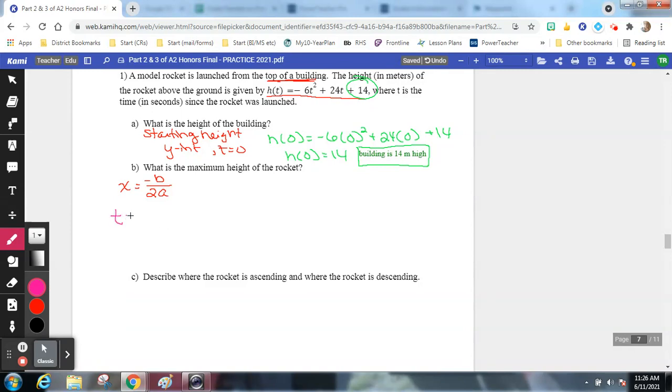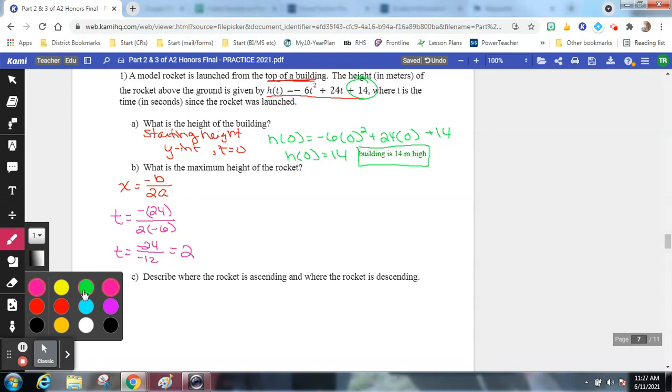I'm going to use t because that's the variable we have. So negative b is 24 over 2 times your a, which is negative 6. And when you do that math, it's negative 24 over negative 12, which is 2. So that's the time. The maximum height occurs 2 seconds after it's launched.